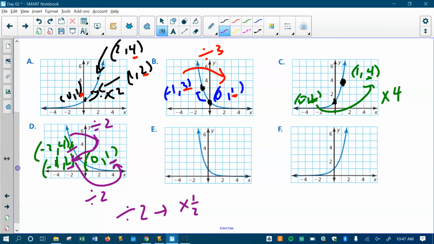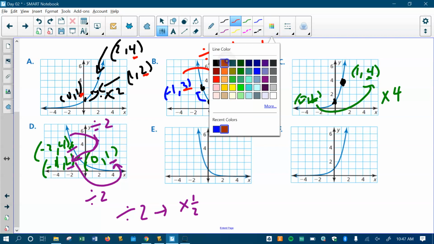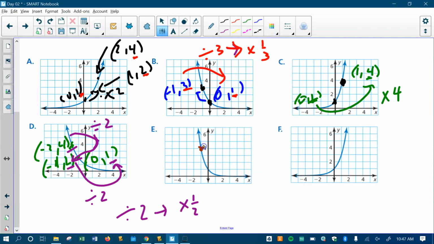And we could say the same thing on B. When we divide by 3, we are actually multiplying by 1/3. For this next one here, it looks like I have -1, 4. And these are two very easy points I was able to see on the graph, 0, 1.